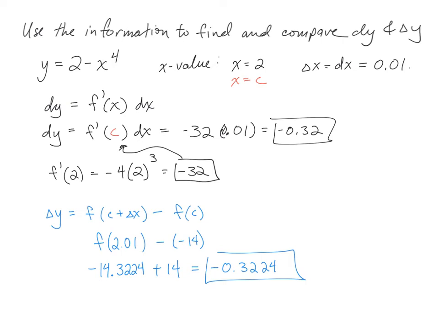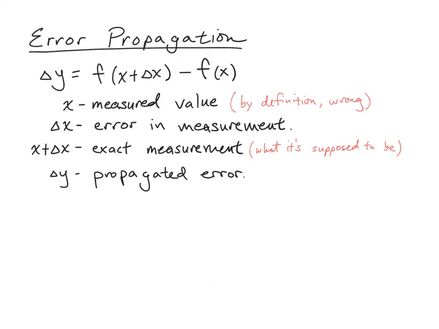Let's take a look at error propagation. For error propagation, we are basically going to be finding delta y. Delta y is what we will call the propagated error. In order to find delta y, we go back to our original definition for delta y described a few slides ago.